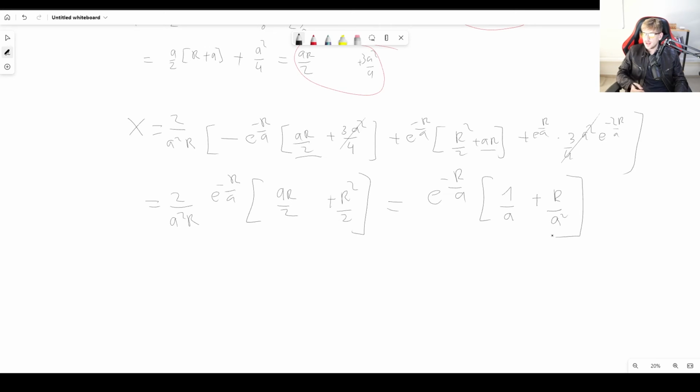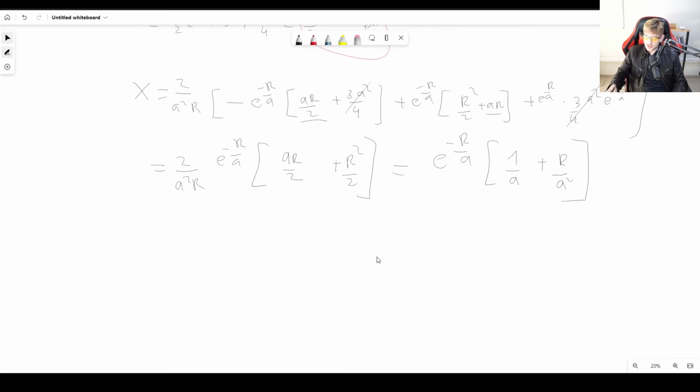There we go. And now this is a slight difference from what you would see, just as it happened with D. In the books by Griffiths, they defined x, right? X Griffiths is basically a times the x that we just found. So in Griffiths, it appears as minus r over a, 1 plus r over a.